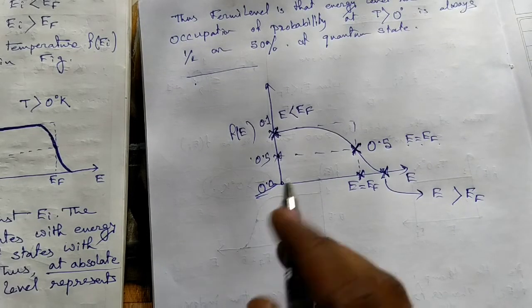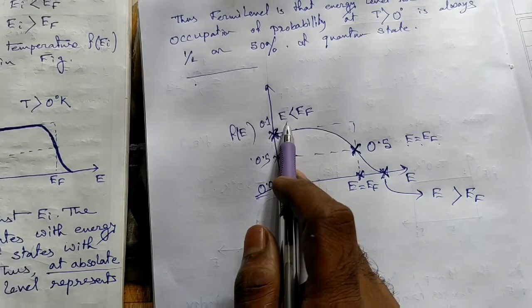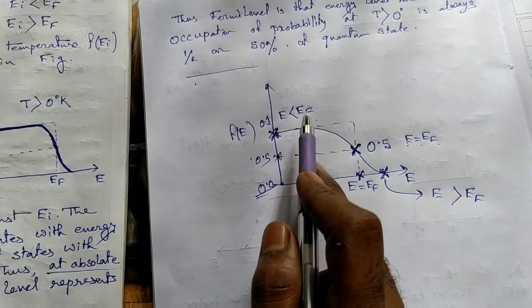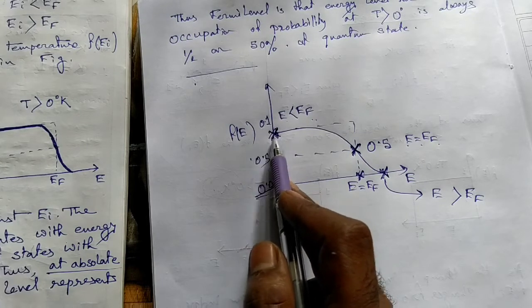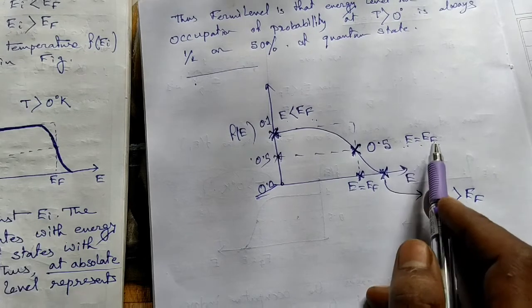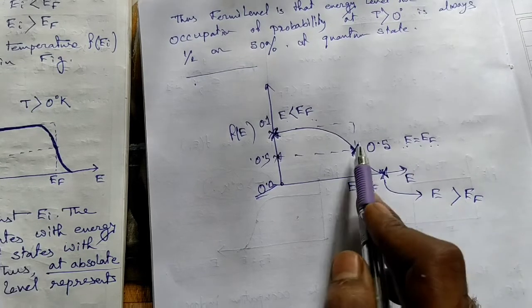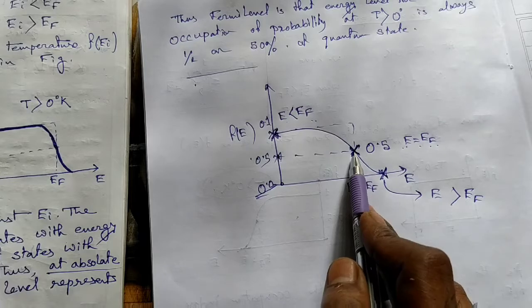That means when the particle has an energy less than the Fermi energy, the occupation of the quantum state by the particle is 100%. When the energy of the particle and the Fermi energy become equal, the occupancy of the quantum state by the particles is 50%.